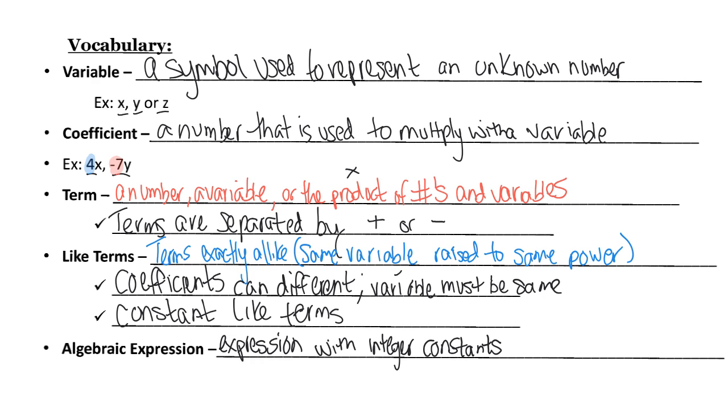So it's pretty much a line of numbers that can also include variables and can also include addition, subtraction, multiplication, and division. Those are your algebraic operations.